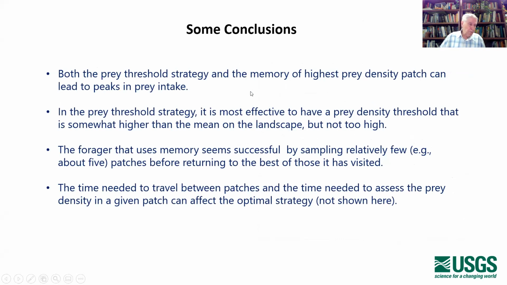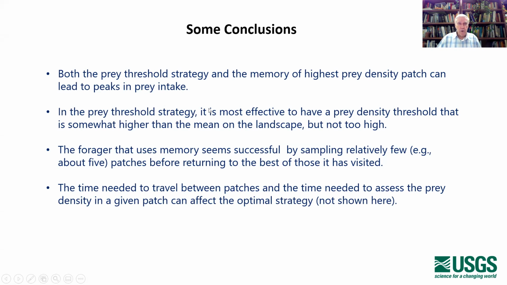Okay, well, some conclusions. Both the prey threshold strategy and the memory of highest prey density patch lead to peaks in prey intake. So there do seem to be optimal strategies there, and it would be nice if we had some data that showed that wading birds use those strategies, but we don't.